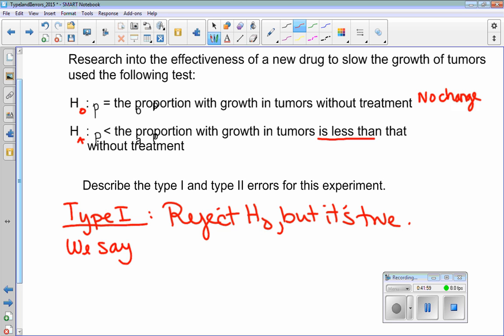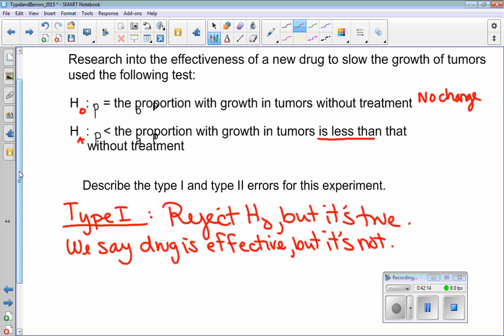We reject the null, therefore we say that the drug is effective, but it's not. The evidence we had was a p-value that was small enough to suggest that the null was not true. We had evidence to say that it was less than, so the drug was effective, but it's not.